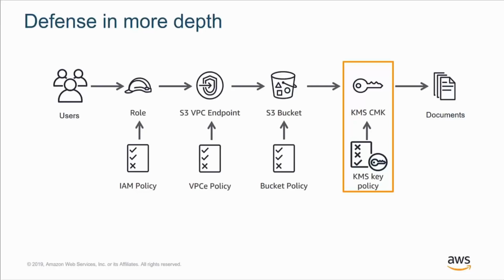So assuming you have approval from a role perspective to access a storage environment, in this case a bucket, through a particular endpoint, you still need policy approval to have access to the key to ultimately go and decrypt the data. So if everything's working, we have a fourth line of defense.